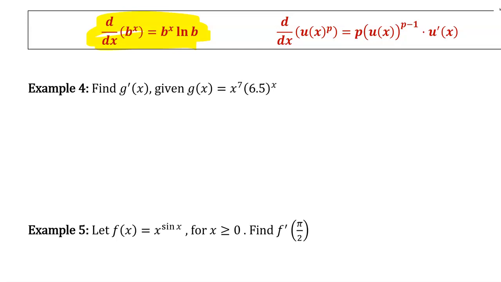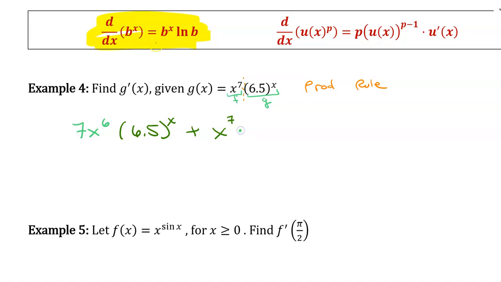So let's use that. So this example 4 here we have is the product rule again. So if our first is f, and this would be g, then f prime would be 7x to the 6th times g, which is 6.5 to the x, plus f, and then g prime.